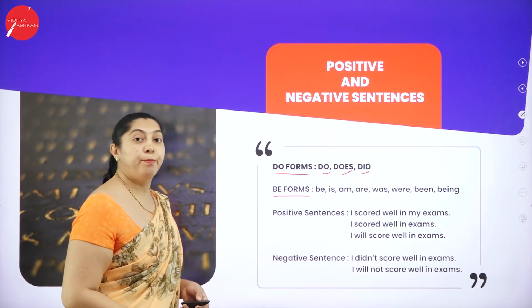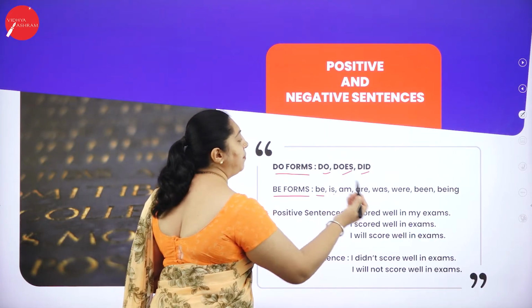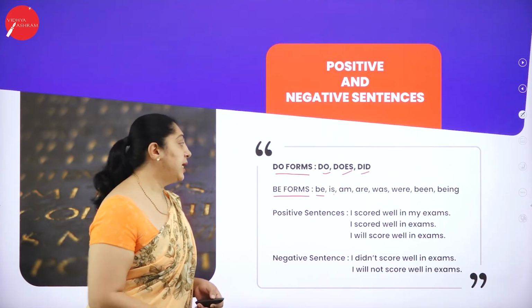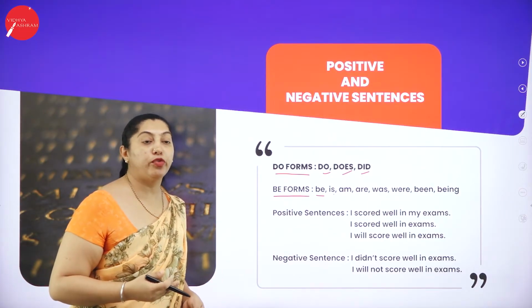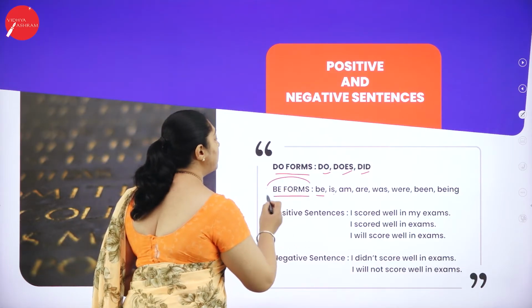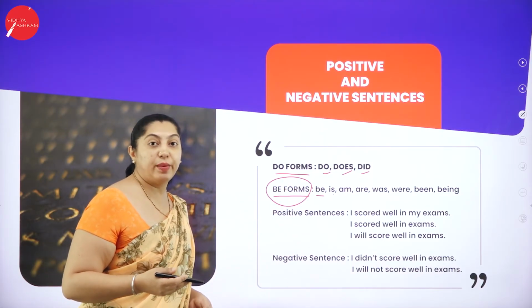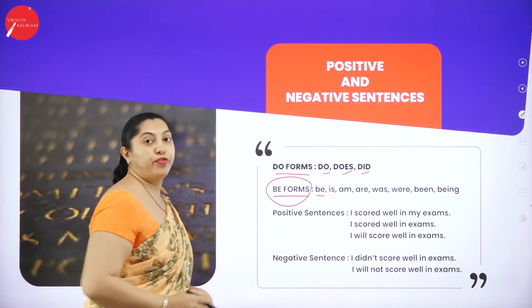Now what is the be forms? Be forms are like be, is, am, are, was, were, been and being. These are the be forms. From the examination point of view, this be forms is very important. Most of the time in your final examination, you will be expecting questions on be forms.